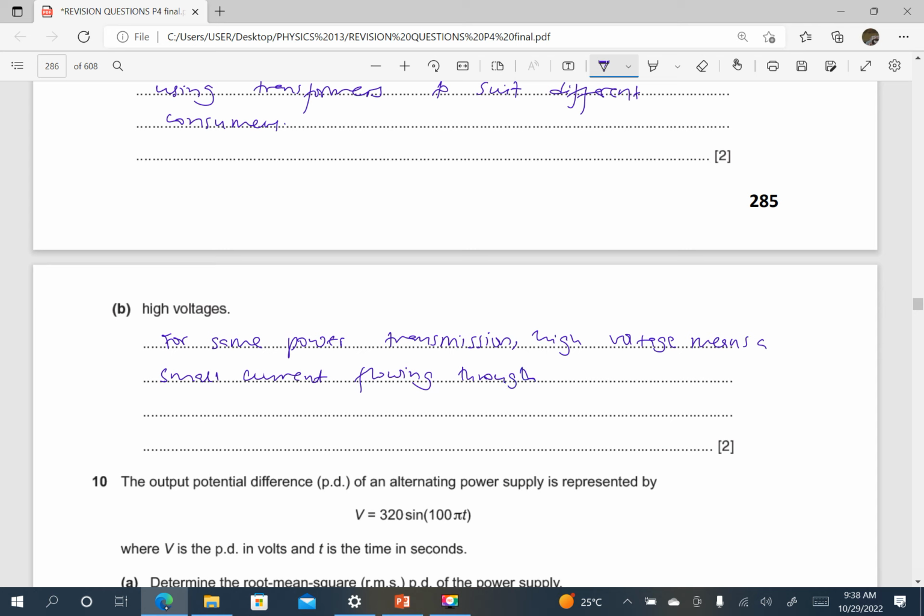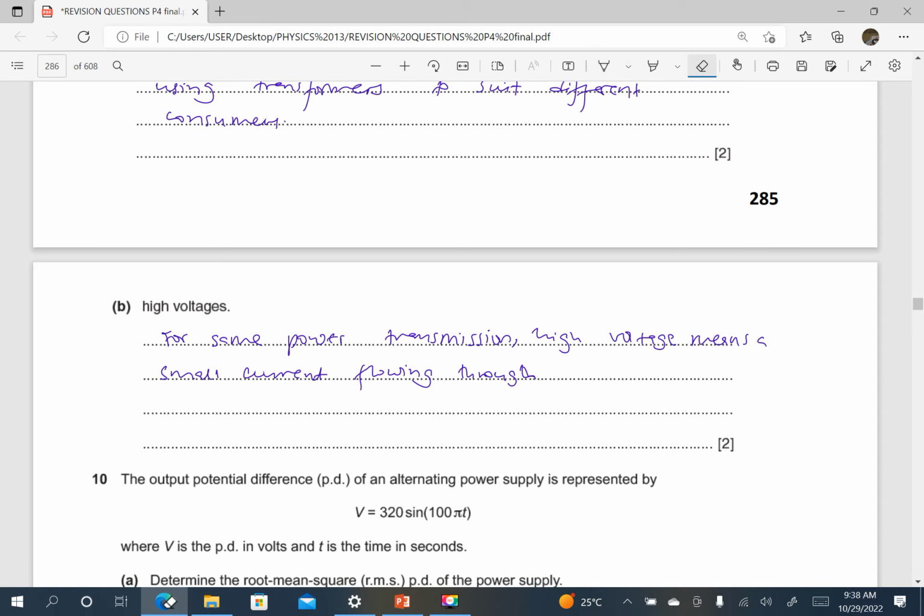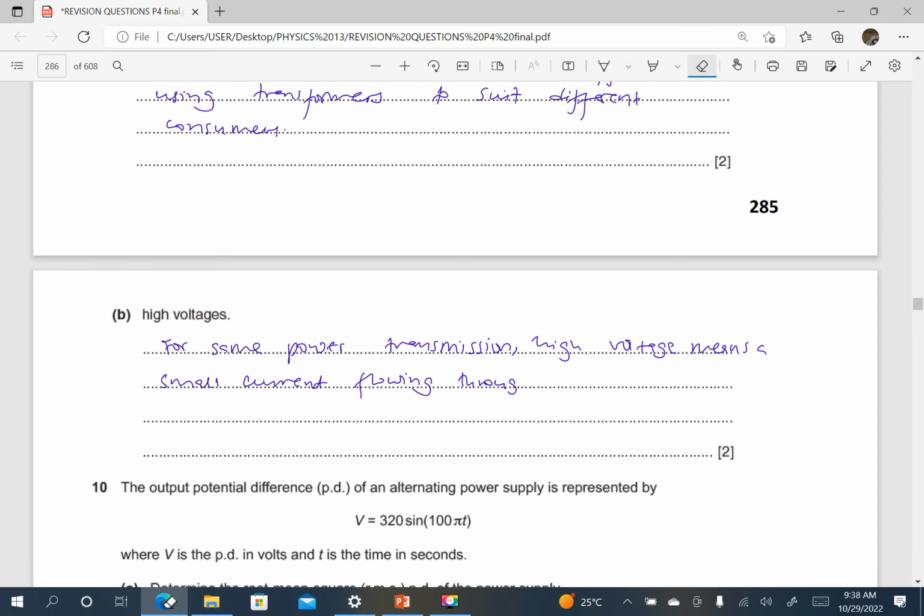If a small current is flowing, there's less heating. Thus, less heating in cables, or you talk about less power loss.